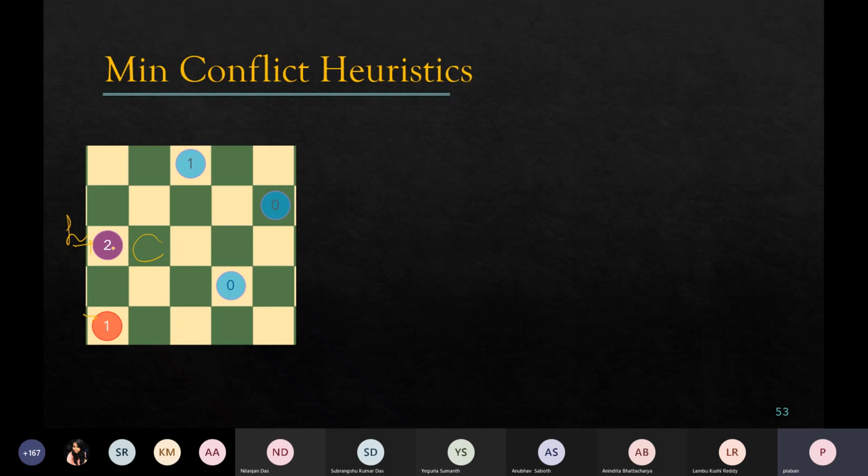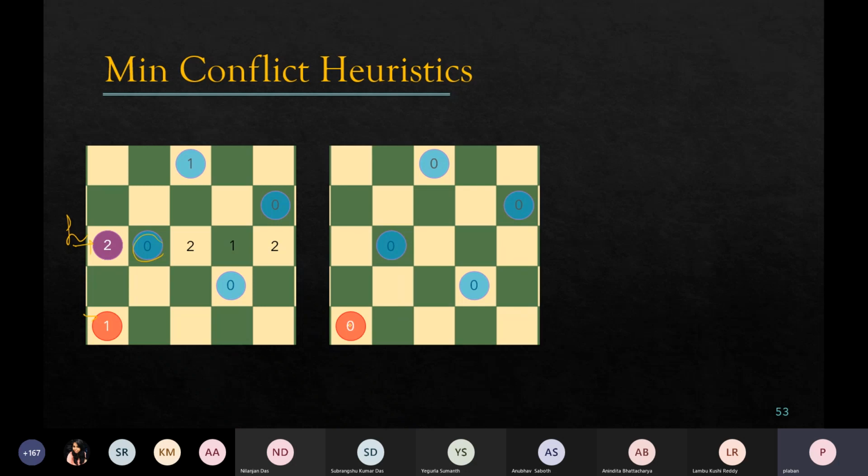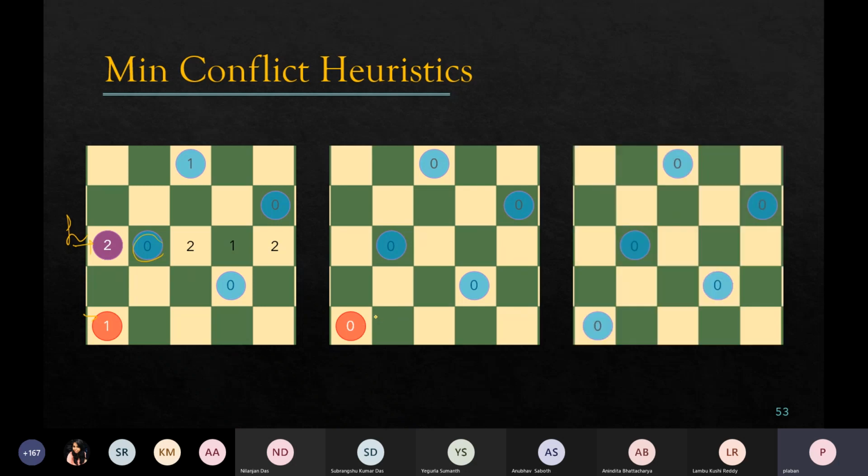Here I've selected a queen that has a higher H value, but that does not really matter. As long as a variable is having conflict, I can select that. These are the conflict counts, this is minimum, so I'll place it here. And finally, this is having zero conflict, so I can place it here. So this is my solution.